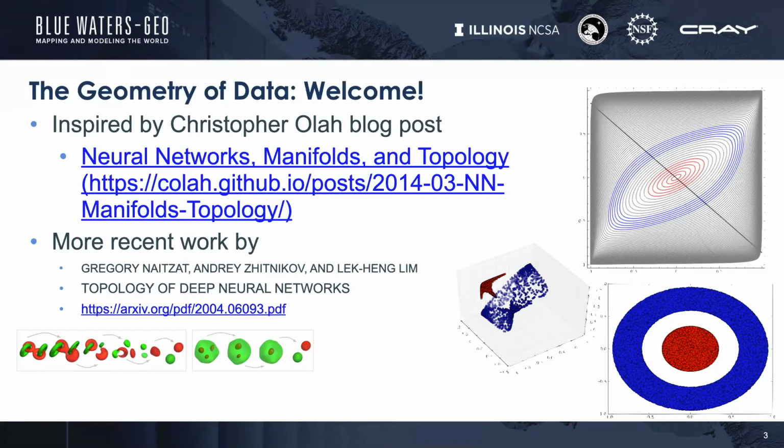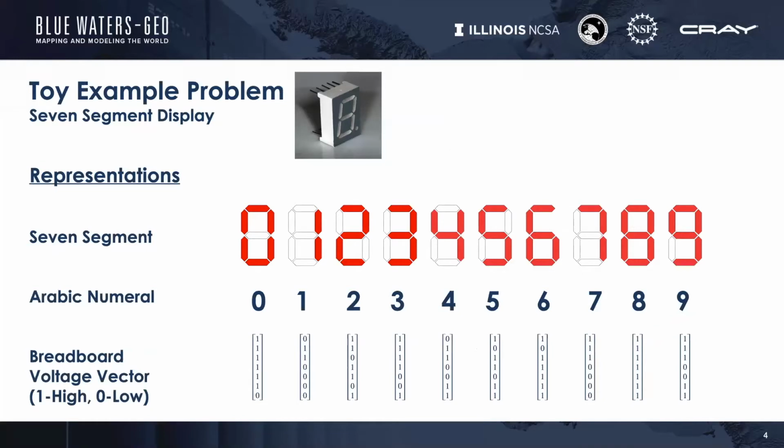Okay, so the toy example that I want to start with is a 7-segment display. In this world right now, the maker community is super popular, so you've probably seen these little electronic components called 7-segment displays. What's more is that this is a little bit of a computer vision problem, right? In the sense that we as humans have decided that if we light up these segments in a particular way, then our brains interpret that as, oh, if we light it up with lights all around the perimeter, we interpret that as a 0.